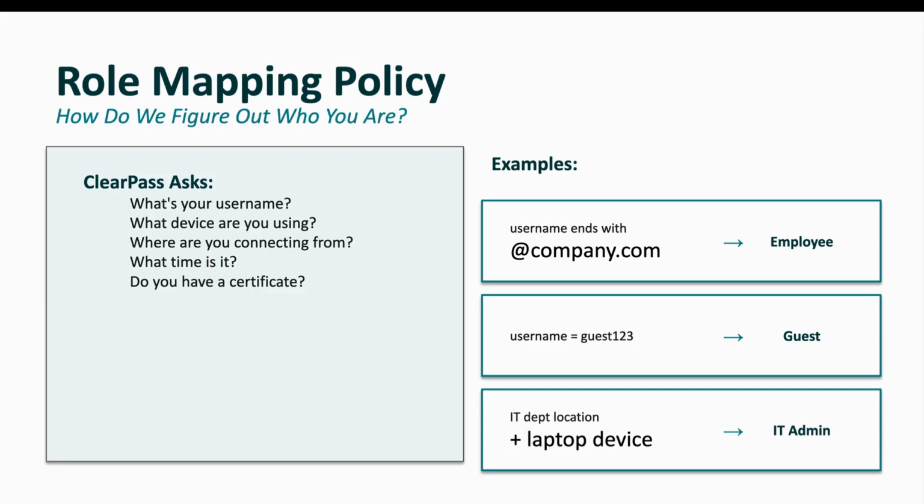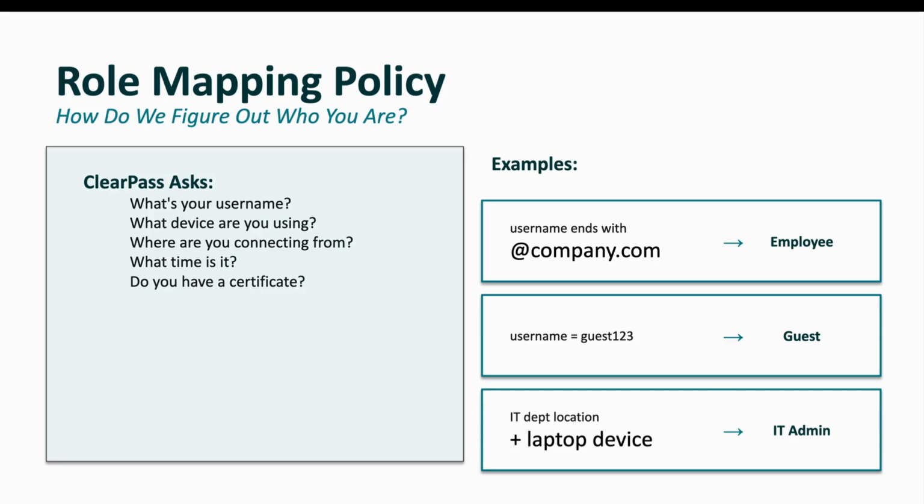Let me give you some examples. Example 1. If your username ends with @company.com, you get the employee role. Example 2. If your username is guest123, you will get the guest role. Example 3.